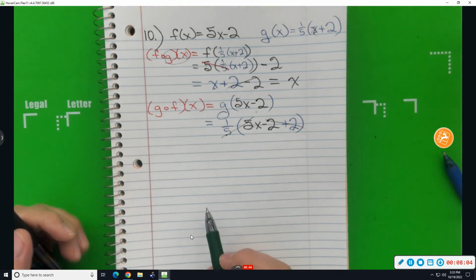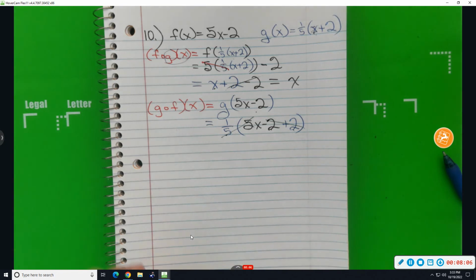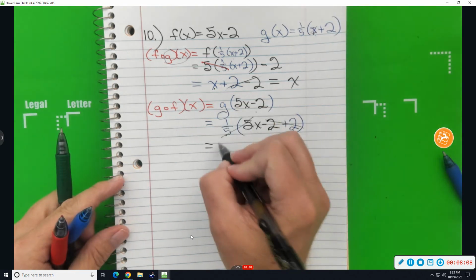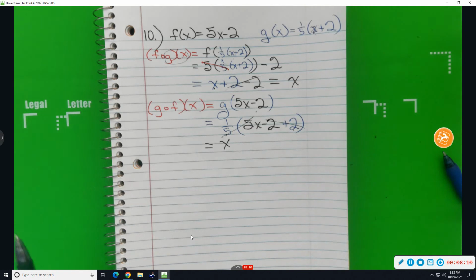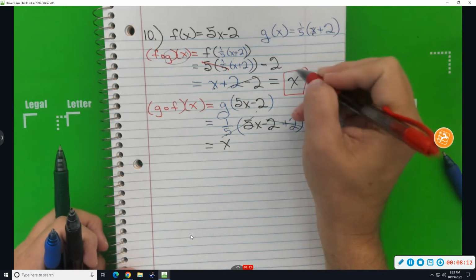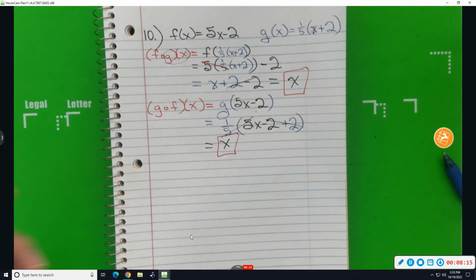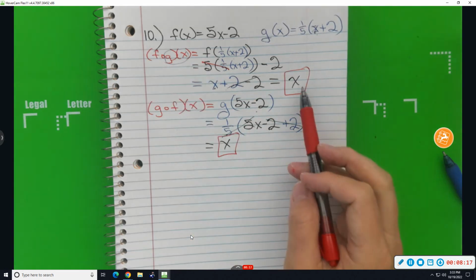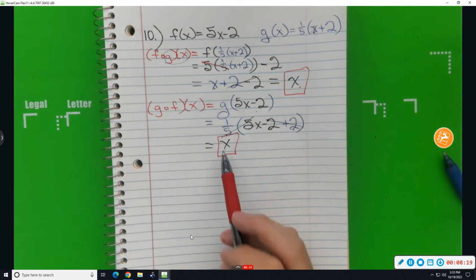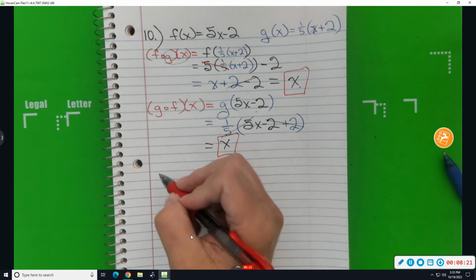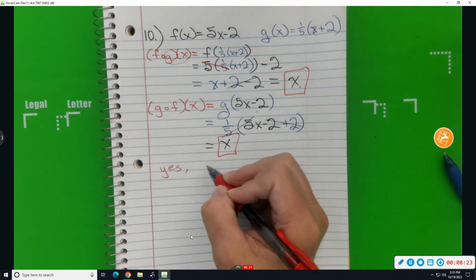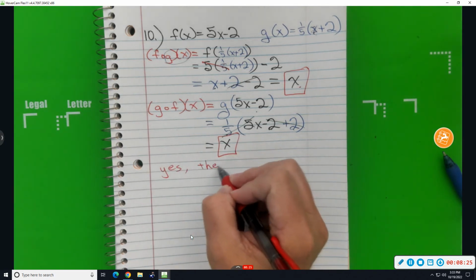Leaving us with just 1 times x is x. So both compositions reduced to x, f composed with g of x reduced to x, and g composed with f of x reduced to x. So yes, they are equal.